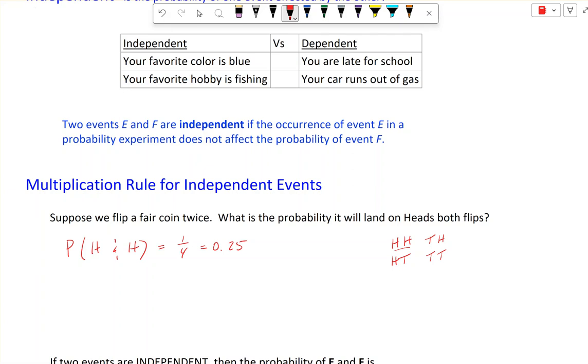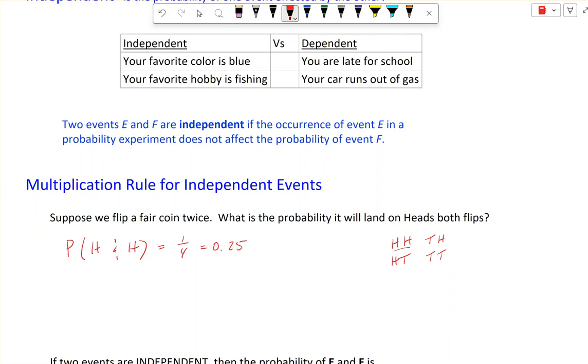Now, just like we saw in section 5.2 for the addition rule, there's got to be a better way, maybe less cumbersome, to determine the probability when we have independent events such as this. One quick note: why are the flips of coins independent of each other?